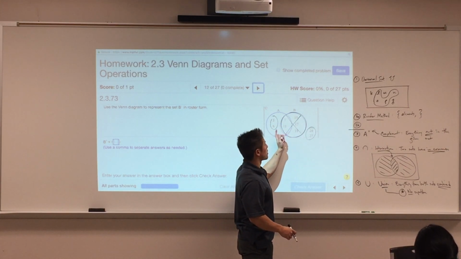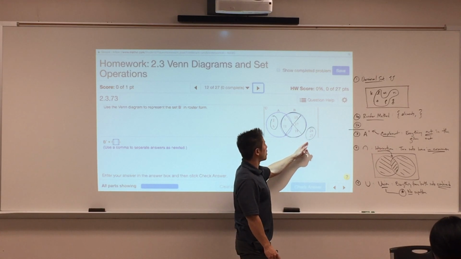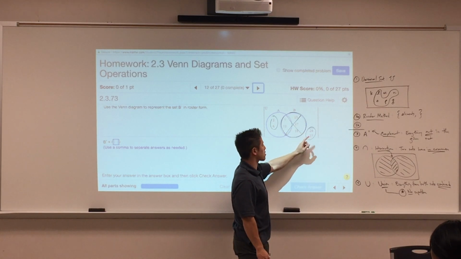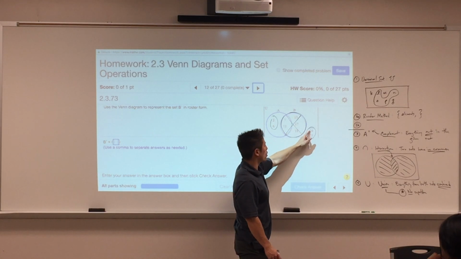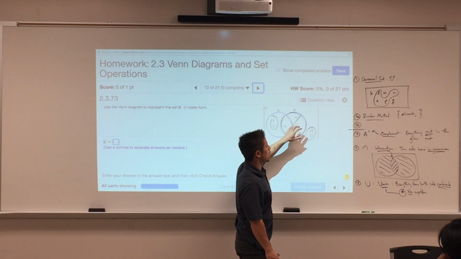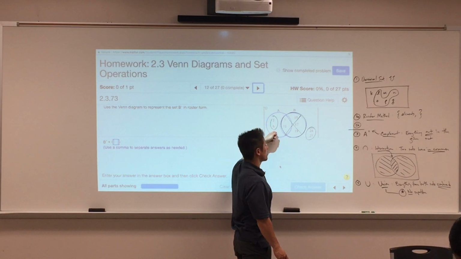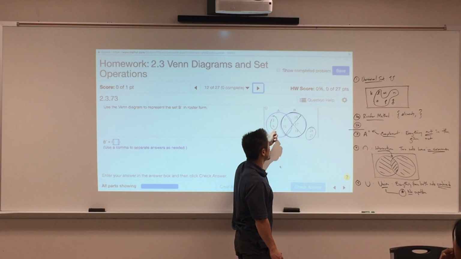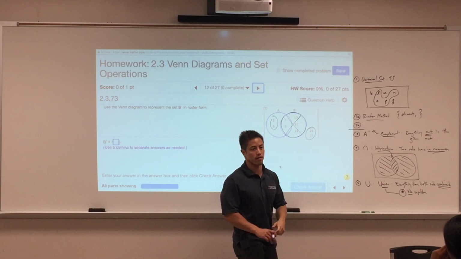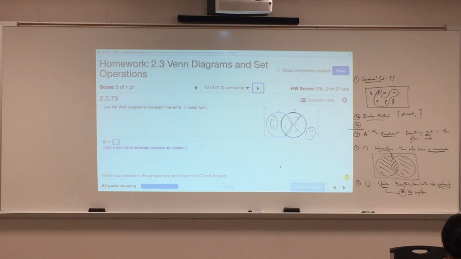Sometimes the elements that are in subsets do not show up within them, or it doesn't account for every element in the sandbox. This is an example of that. 24 and 27 are not included in either of these subsets, but they are still part of the universal set. So your answer should not just have 2 and 6, it better have 2, 6, 24, and 27 in it. Okay, so that's an easy area to really make a mistake in. Don't make that mistake. Next.